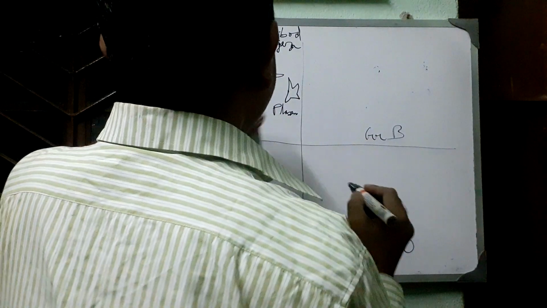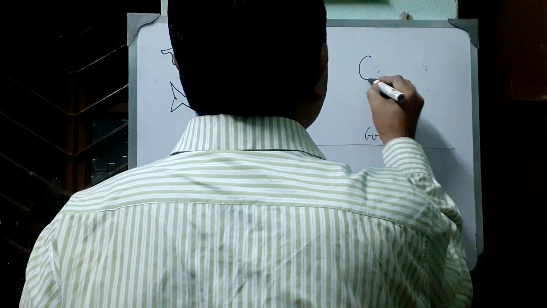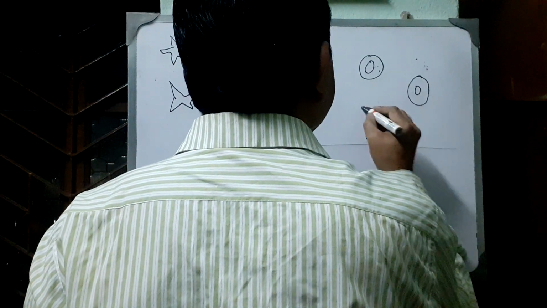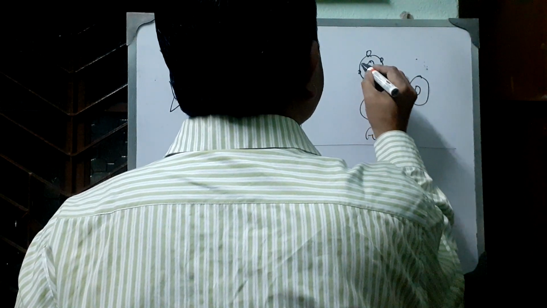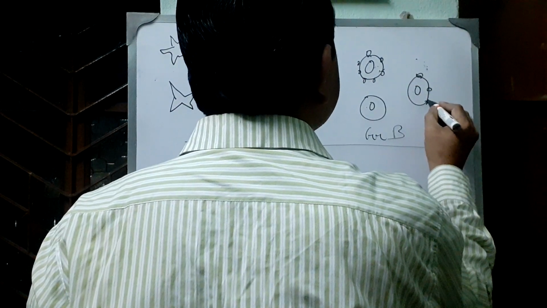Now, just the opposite happens in the B blood group. These are the red blood cells, and the B antigen will be present on the surface of the red blood cells.